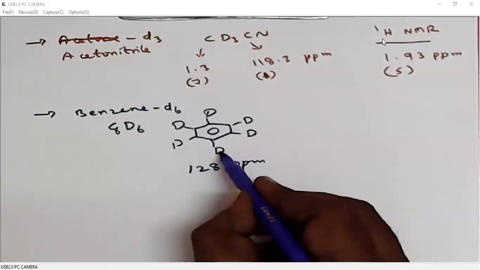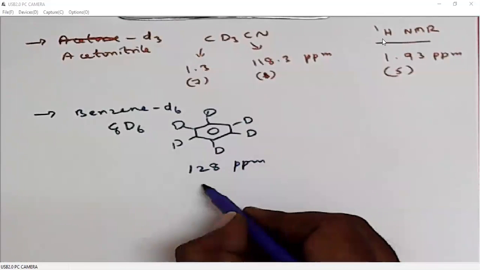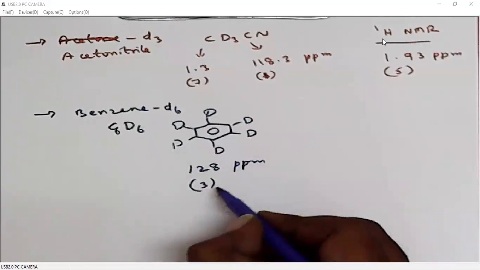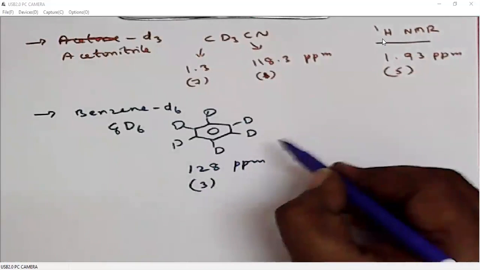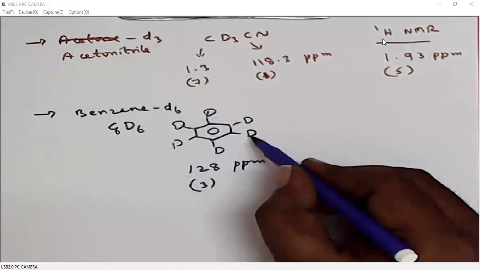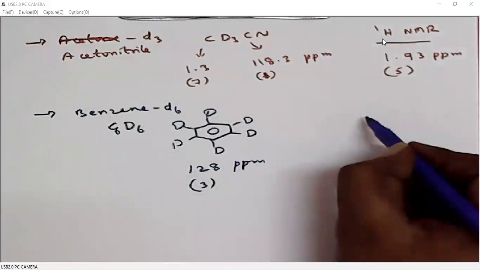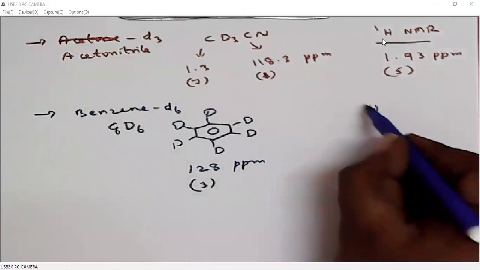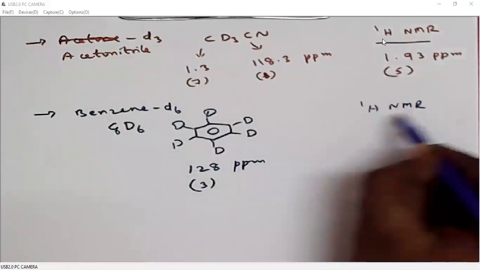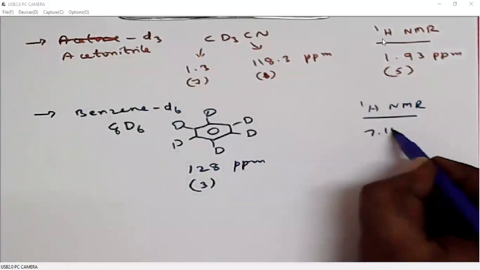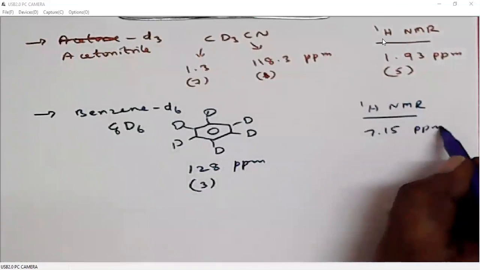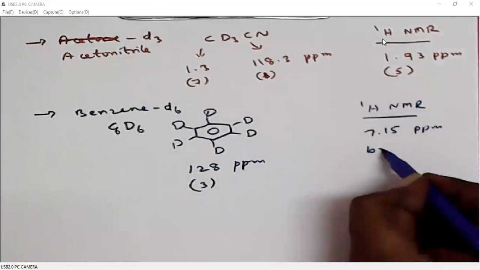Because we have one deuterium on the carbon, according to the 2nI plus 1 rule, we get a triplet. Multiplicity is triplet. Due to the rapid exchange of deuterium with protons present in the solution, we also get a proton NMR signal for deuterated benzene at 7.15 ppm with a broad singlet.